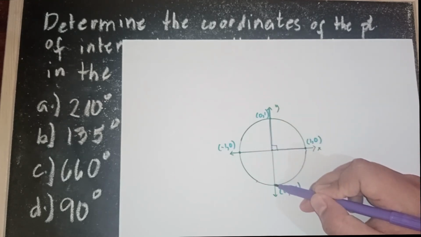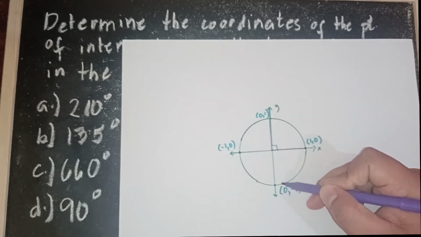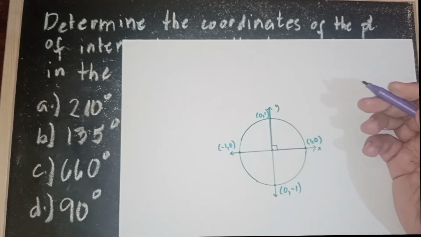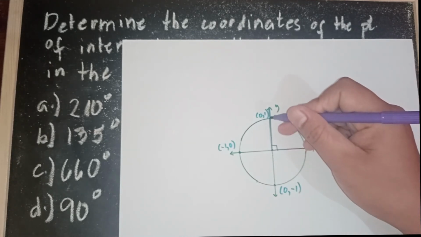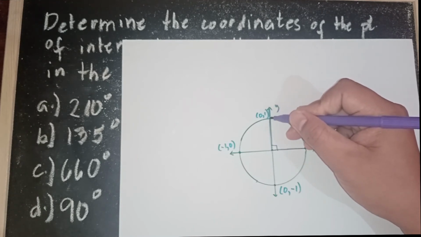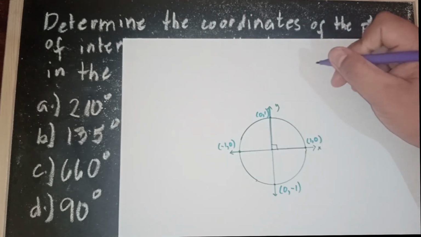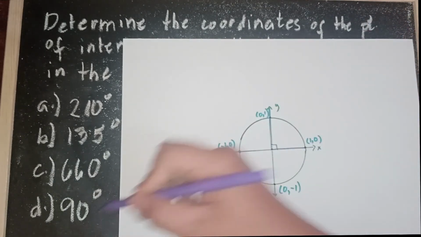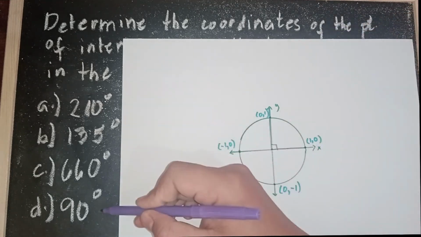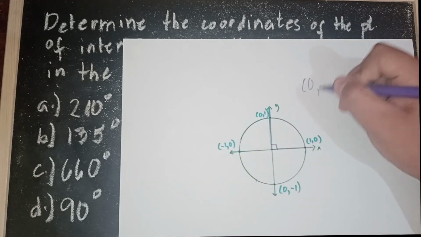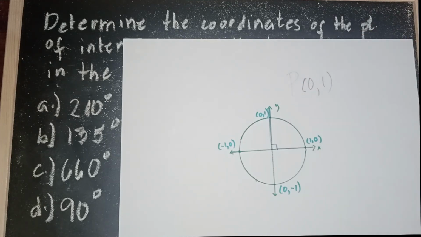And here, x is 0 and y is negative 1. Since the terminal side of a 90 degree angle is on the positive y-axis, the point of intersection of the terminal side of 90 degrees and the unit circle is 0, 1, mga boss. So these are the coordinates of the point of intersection.